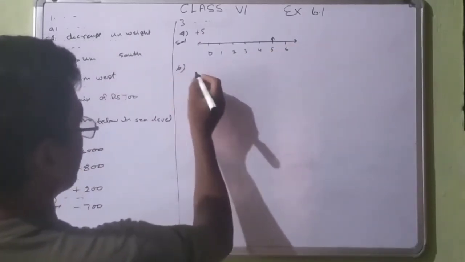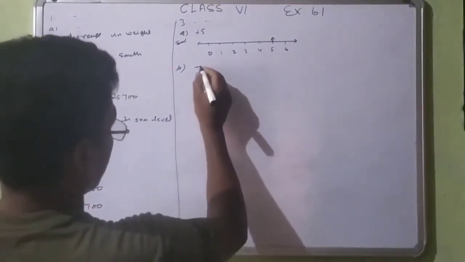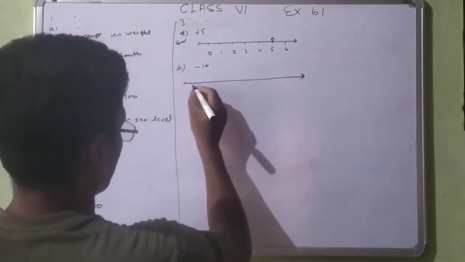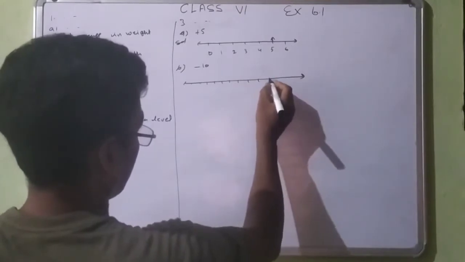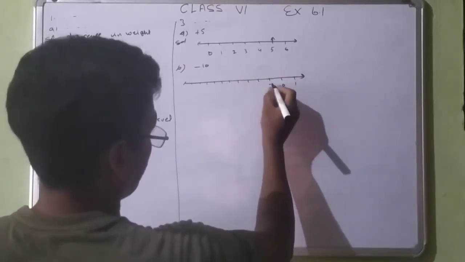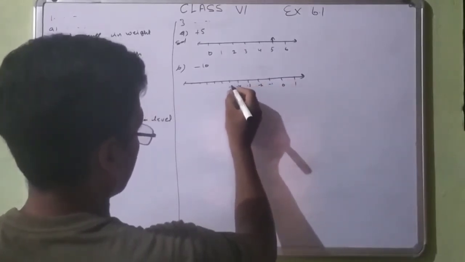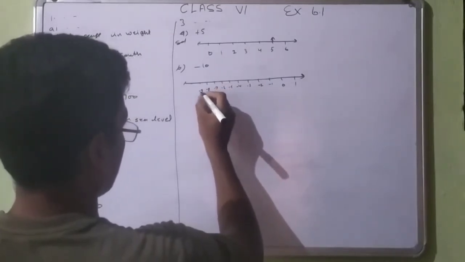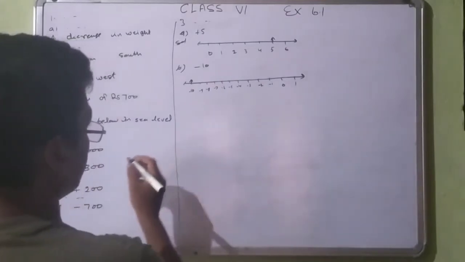B part is minus 10. So that will be 0, minus 1, minus 2, minus 3, minus 4, minus 5, minus 6, minus 7, minus 8, minus 9, minus 10. So this will be the answer.